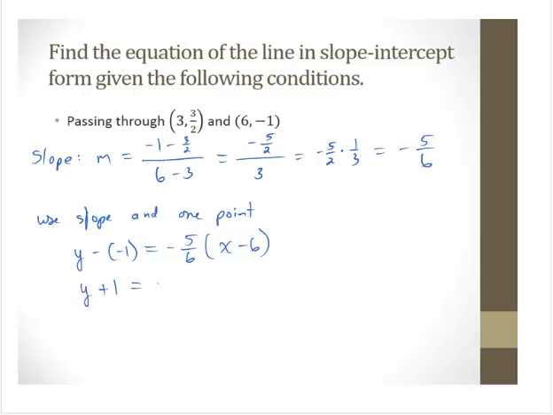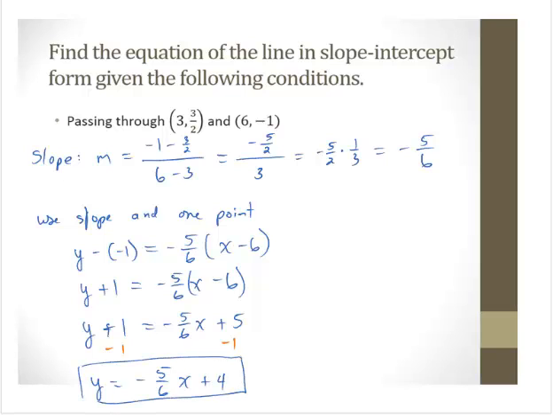Simplifying, I have y plus 1 is -5/6 by x minus 6. I'll apply the distributive property. Y plus 1 is -5/6 x plus 5. And finally, I'll subtract 1 from both sides, yielding y equals -5/6 x plus 4.